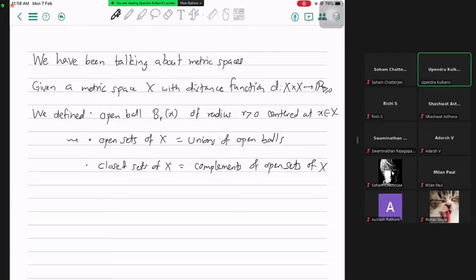So this collection defines a topology on X. Maybe we'll just write it down here. These two are really equivalent pieces of data, right? A topology on X. And what was a topological space?